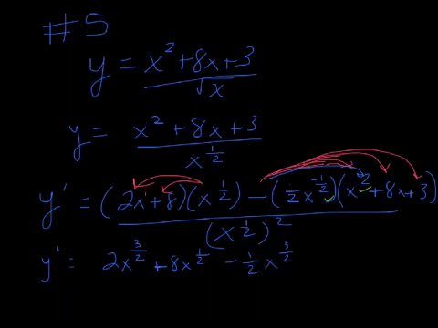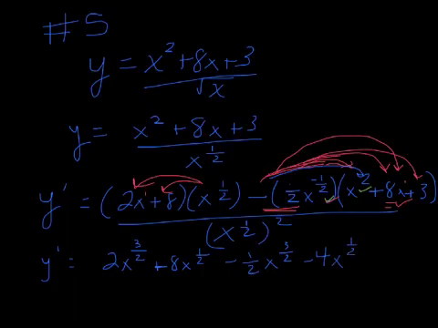Then I take this thing and I distribute it to the 8x to the first. Negative 1/2 times x to the first. When I add negative 1/2 plus 1, I get x to the 1/2. Negative 1/2 times 8 is negative 4. So that's minus 4x to the 1/2 power.